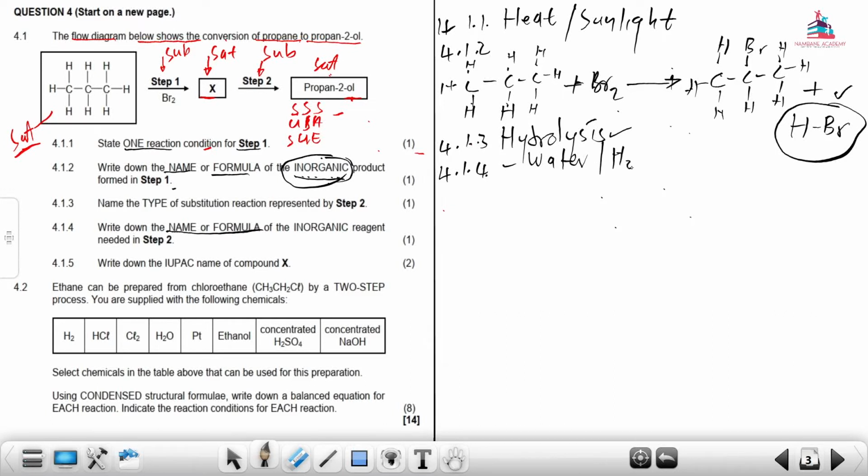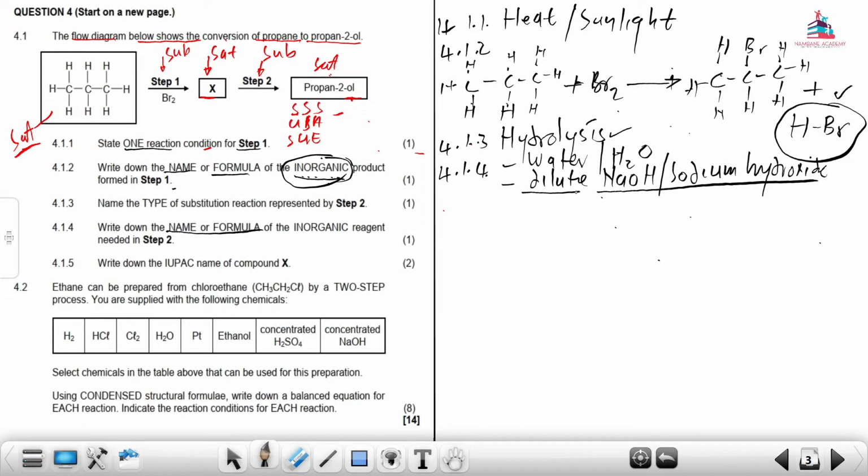or H2O as one, and then maybe you can just write dilute sodium hydroxide, or you can even give the name there of sodium hydroxide, because that is what they are asking, either the name or the formula.